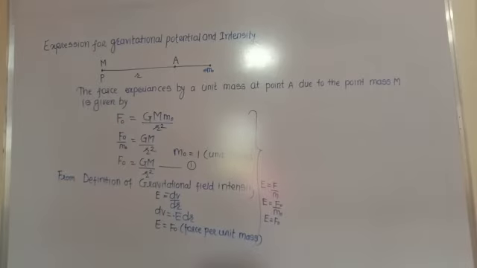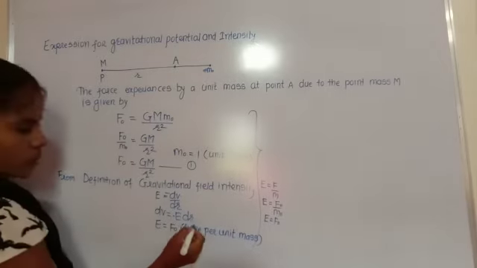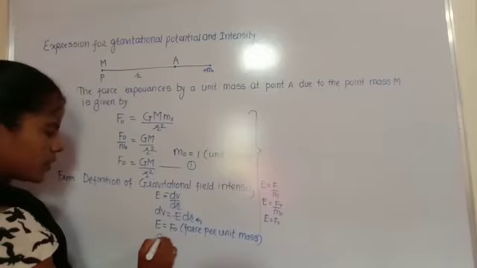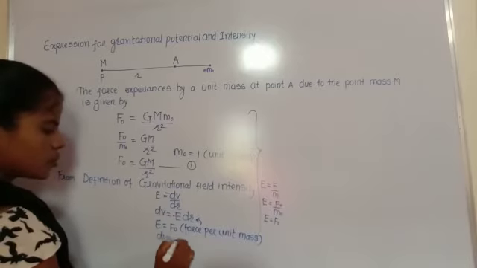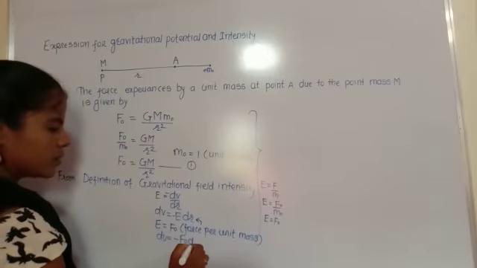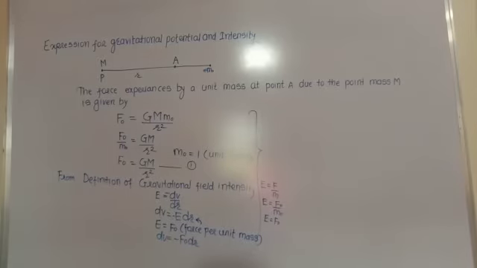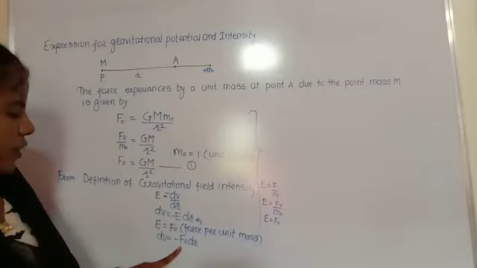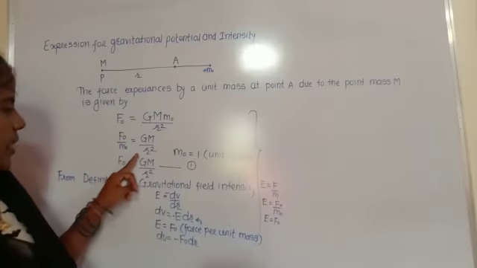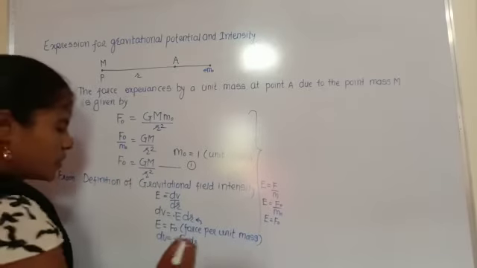So putting this value in this equation, we get dV is equal to minus F0 into dr, and we have the value of F0 as G M by r square from equation 1.